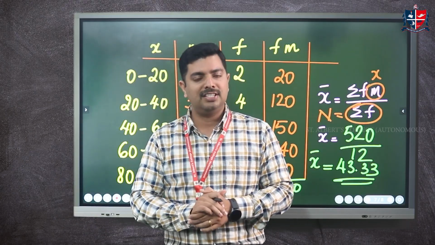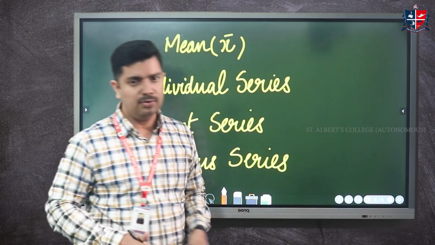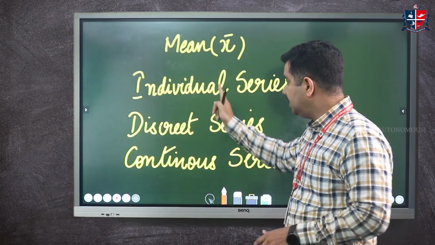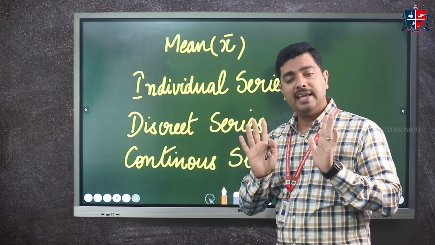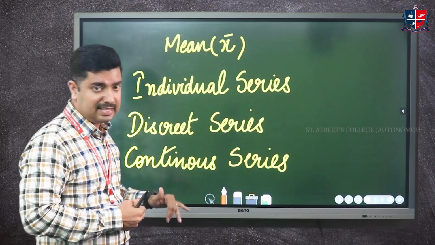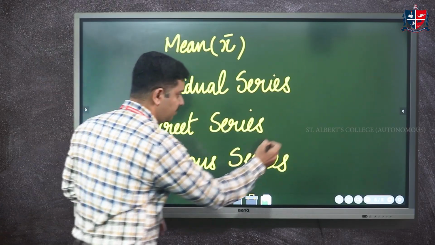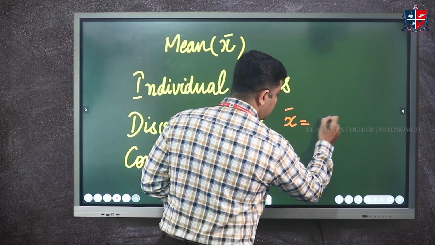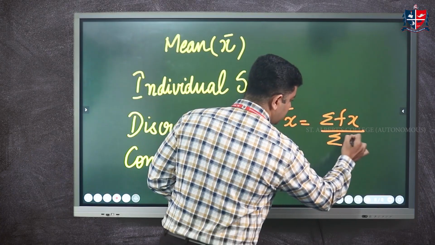I hope these concepts were very clear to you. Over my past 3 videos, I was trying to make you understand the mean. For individual series, the formula is x bar equals sigma x by n. In the second video, I spoke about discrete series, where x bar is equal to sigma fx divided by sigma f.